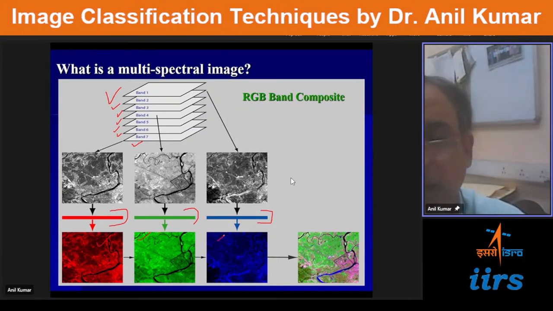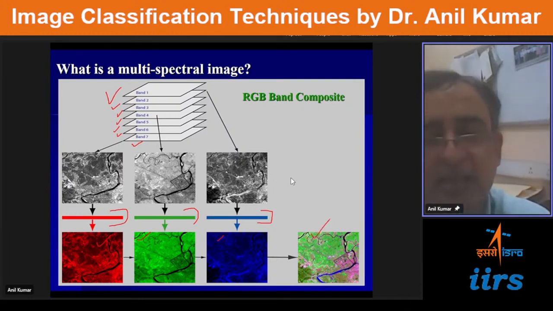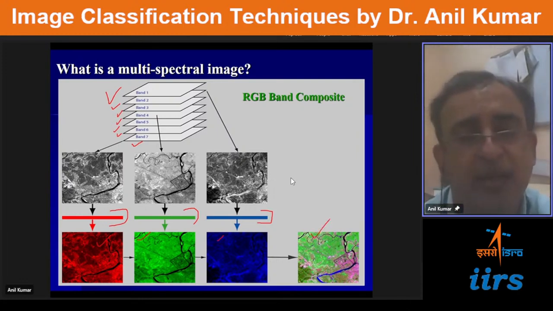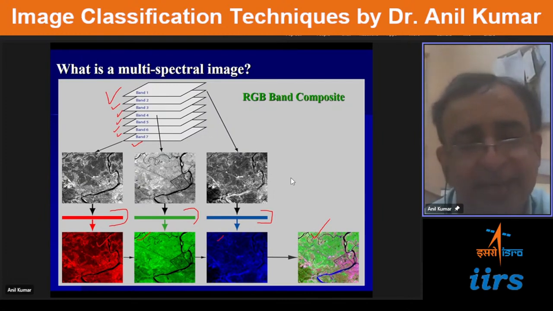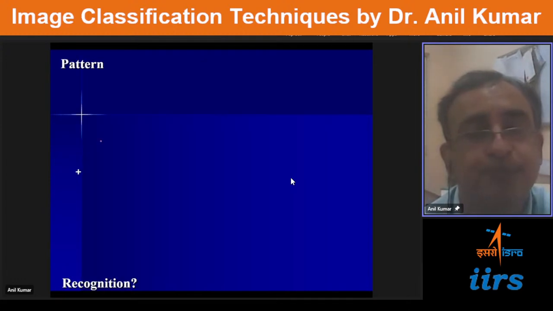If you superimpose all three, you get a false color composite. So this is just to understand how the false color composite comes. In the false color composite, we can use a maximum of 3 bands, not more than 3. Although in total there are 7 bands, you have to understand this when we are trying to visualize the ground through these images; we can take a maximum of 3 images for a false color composite.